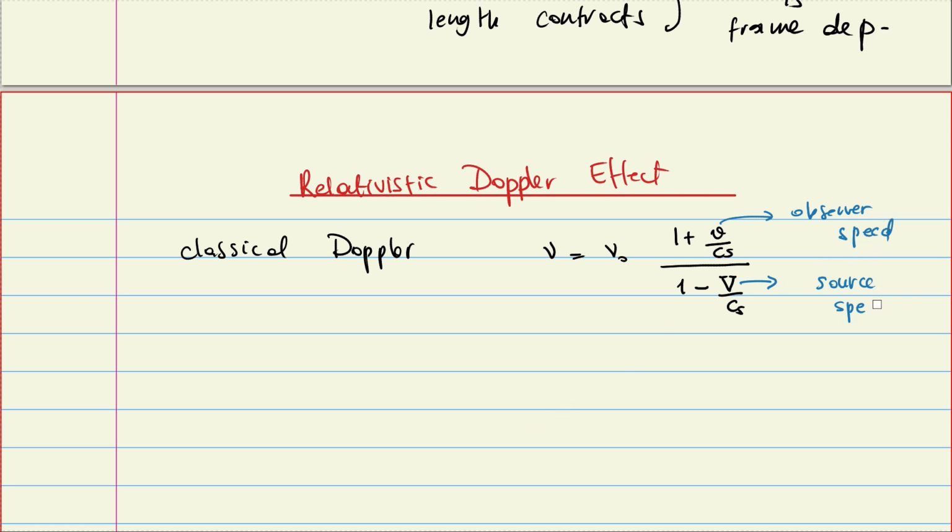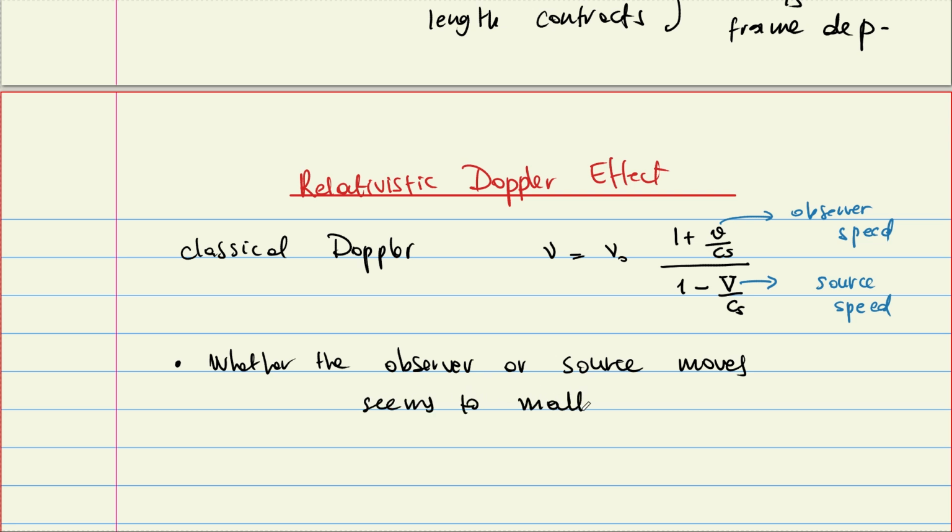And a little remark that we need to be aware of immediately is that whether the observer or the source moves seems to matter, right? Like what we said in the principle of relativity: whether you move or I move doesn't matter.